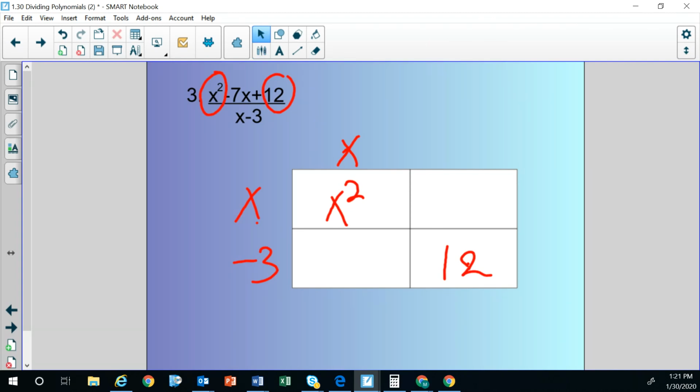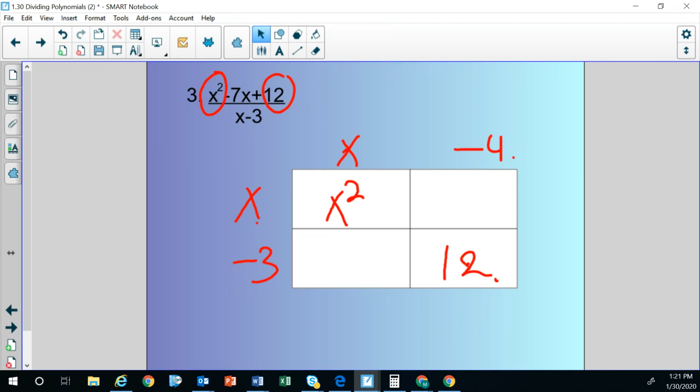I'm going to say what number, when multiplied by negative 3, gives me a positive 12. What number is that? And that number is negative 4. Because negative 4 times negative 3 gives me 12. All right?